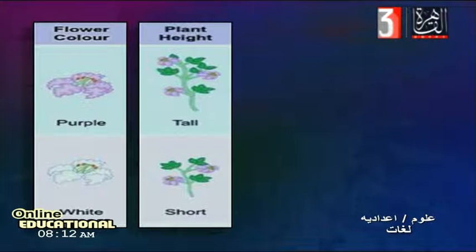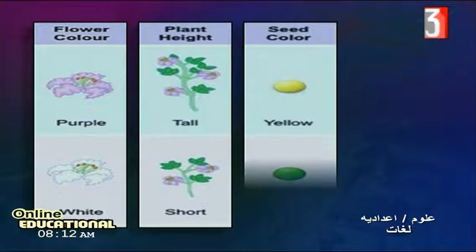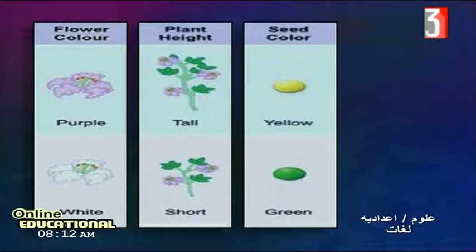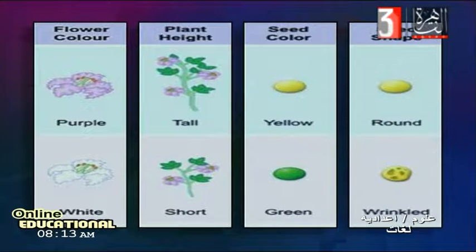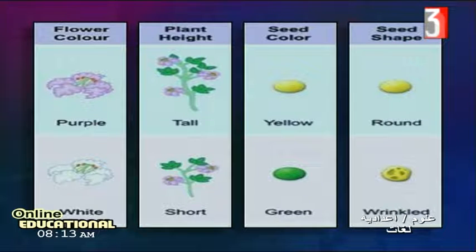There are tall plants and short plants. Seed color, yellow and green. Seed shape, round and wrinkled.